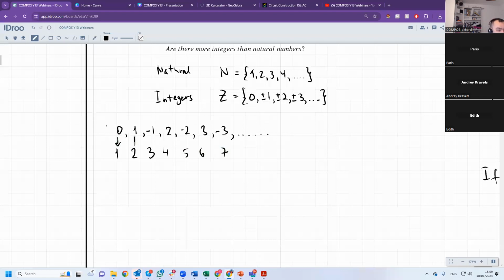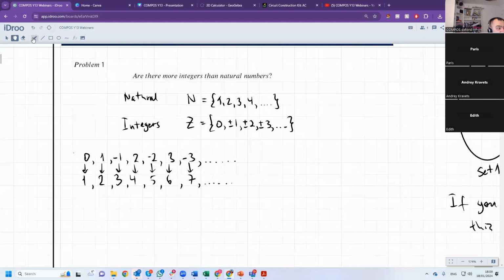So it's a one-to-one mapping of the integers onto the natural numbers. That means you have the same number of elements, basically.